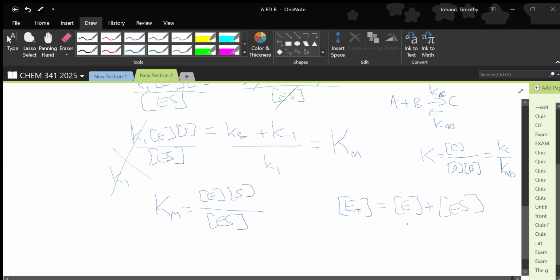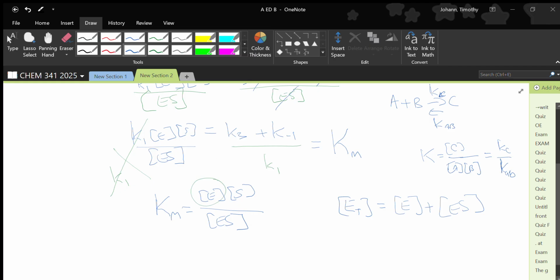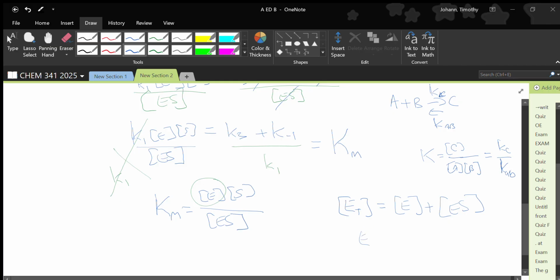All right, and so I can rearrange this, and I'm going to sub in for this. So I'm going to rearrange the equation. I'm going to subtract enzyme substrate from both sides, and then I'm going to end up with enzyme is equal to enzyme total minus enzyme substrate.